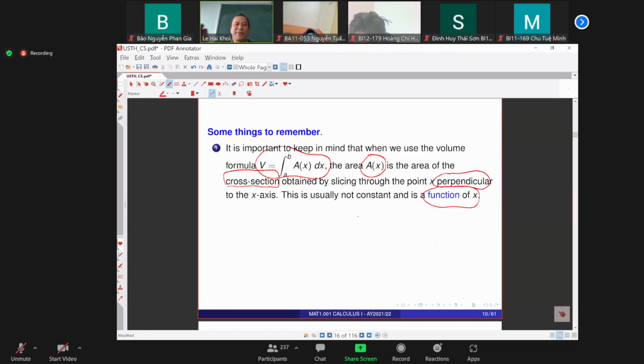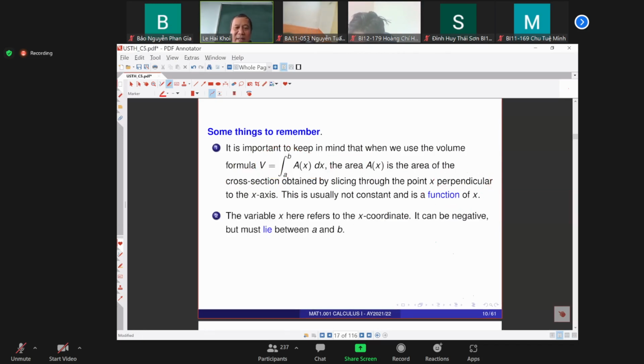Next, the variable here means that you take the x-coordinate between a and b. And of course, depending on the sign of a and b, it can be negative.